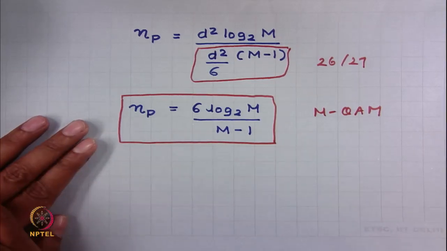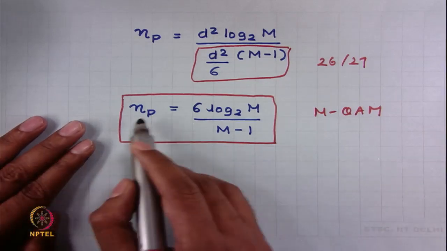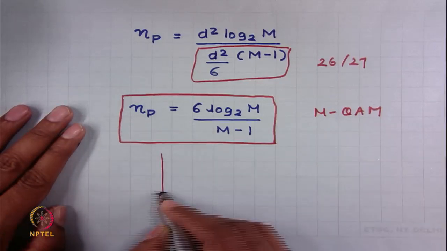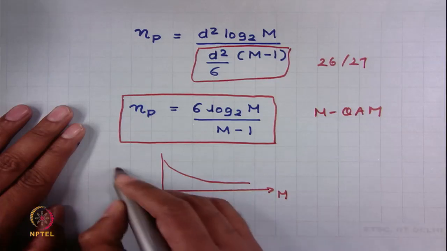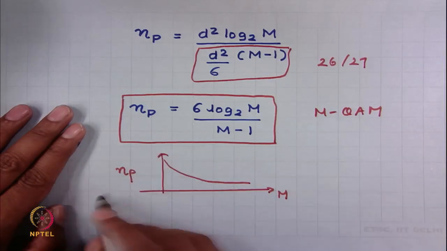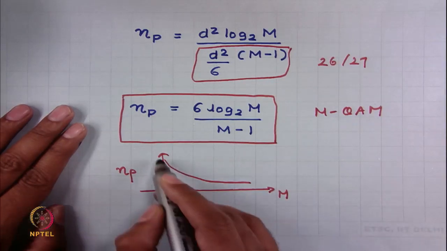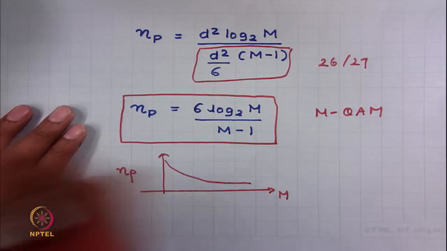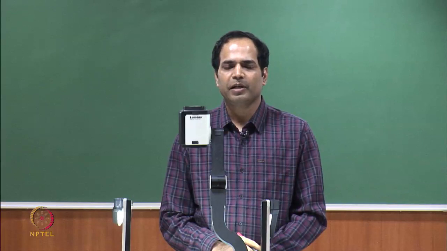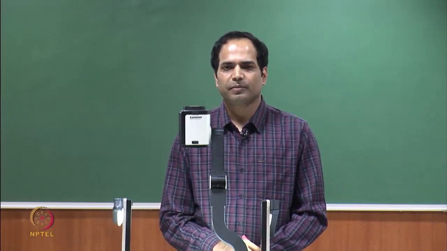One immediate thing that you should notice now, and we will talk about this later as well, is that this power efficiency decreases with M. So, for a given constellation, the power efficiency decreases with M. Thus, the modulation schemes become less and less power efficient as you increase the number of symbols in the constellation.